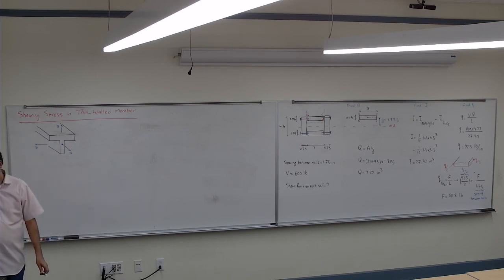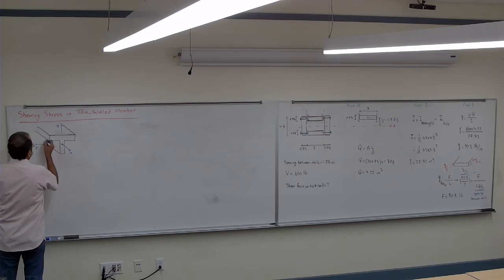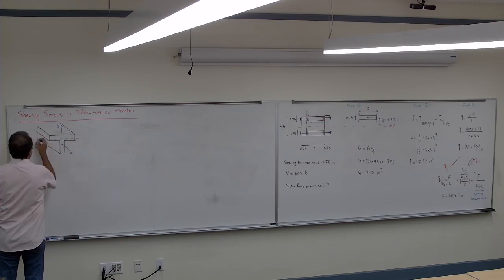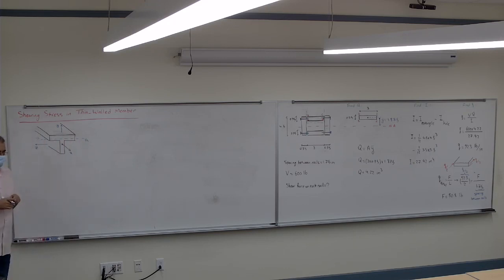And I say, hey, you know what? I want to know how much would be the shear stress in this section. If I go ahead and cut that section, I call it the AA. What's the shear stress on the AA?